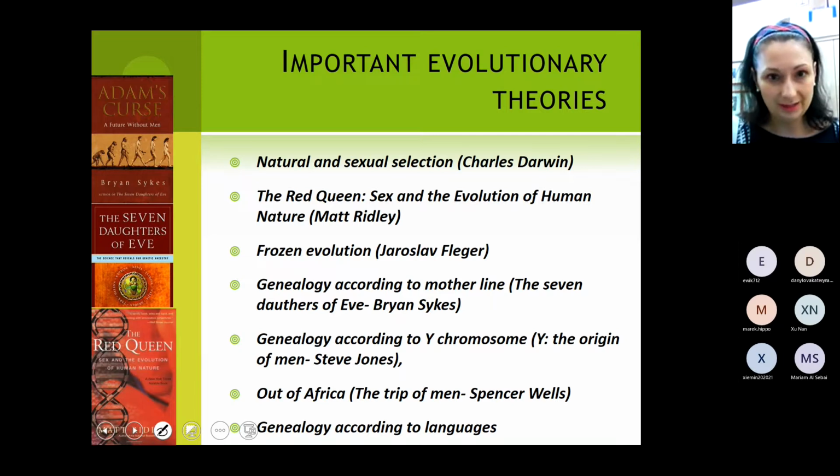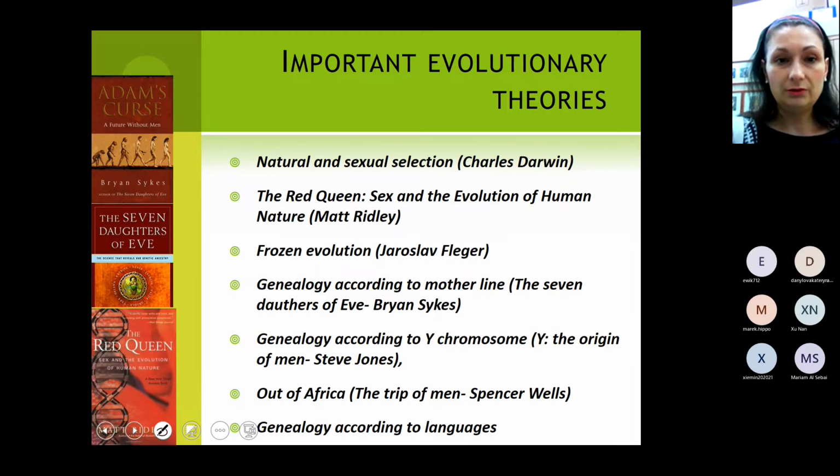So it's easy to understand them. For sure, I can recommend the books from Charles Darwin, Natural and Sexual Selection. Also The Red Queen from Matt Ridley, which considers the evolution of humans. And a very good book is from Jaroslav Flegr, Frozen Evolution.